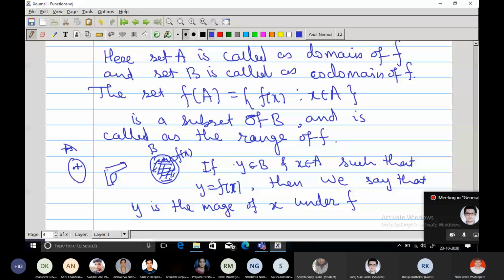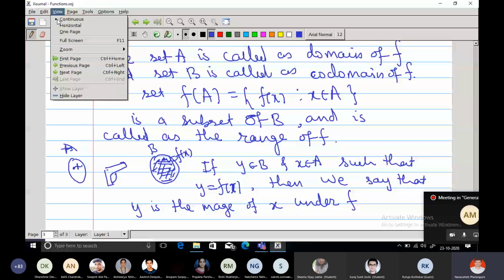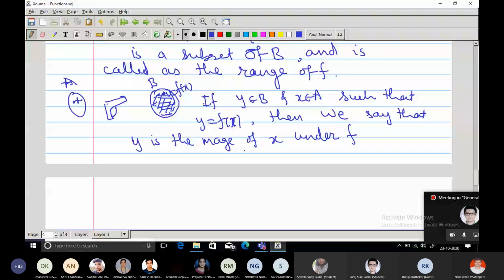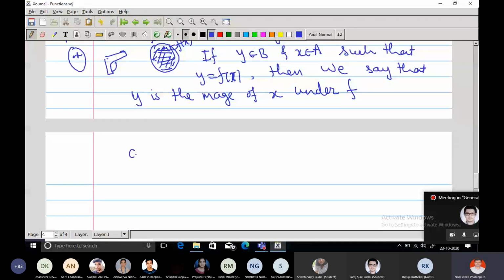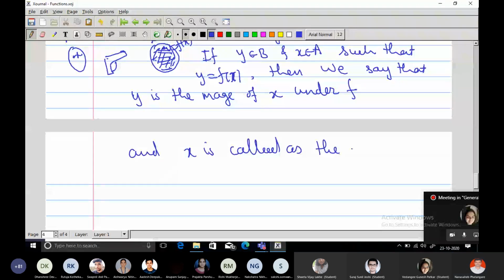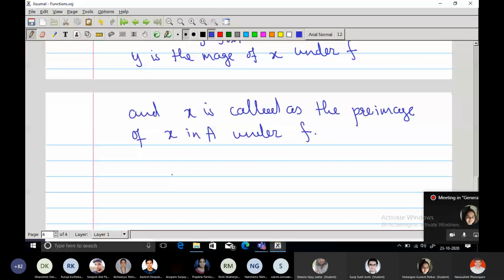Fine. So y is the image of x under f, and x is called the pre-image of y in B under f.